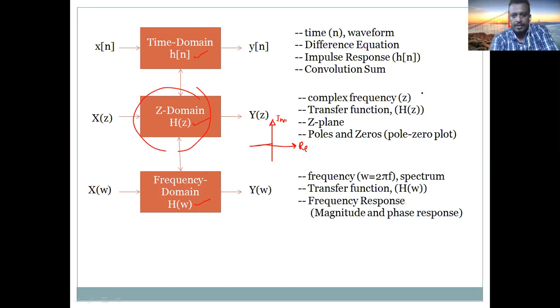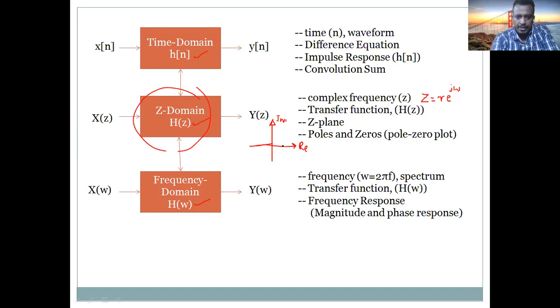As we have discussed, Z is equal to the complex frequency variable with magnitude R, e raised to j omega, right? So when R is equal to 1, for magnitude 1, our circle will be a unit circle.